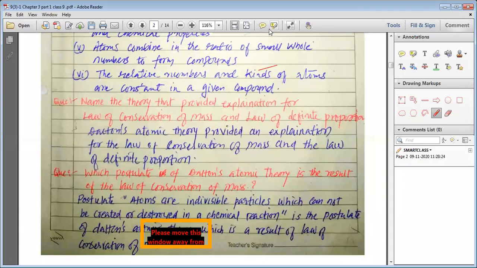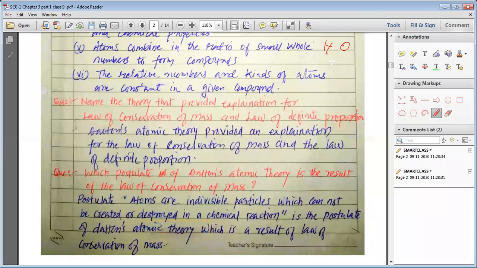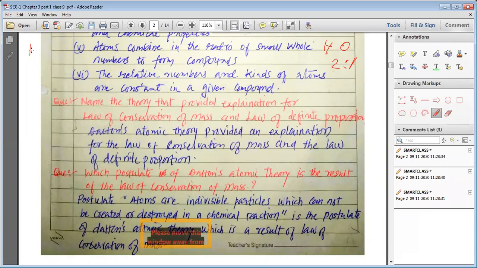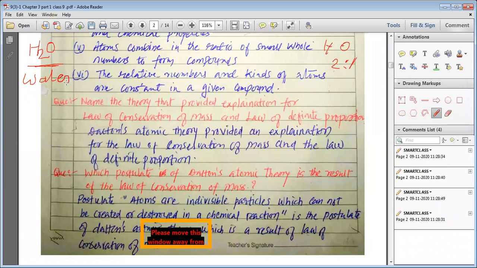For example, you can take the hydrogen atom and the oxygen atom, they combine in the ratio 2 is to 1. So two atoms of hydrogen and one atom of oxygen combine and make water. So please remember, atoms combine in the ratio of small whole numbers to form compounds.